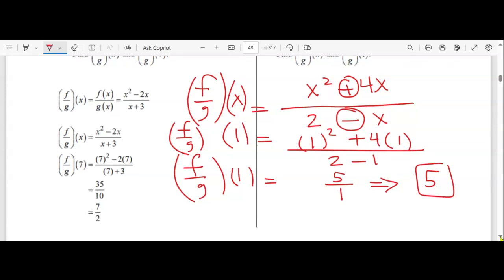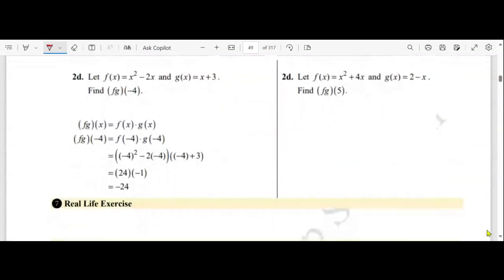Okay. Here he is asking for multiplication. So f times g. And he said make it 5. So I can just do the first one times the second one and replace immediately by 5.